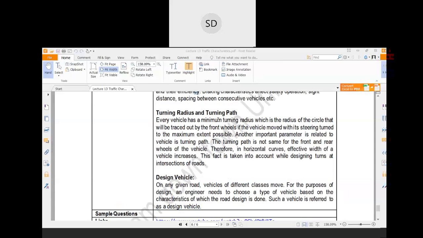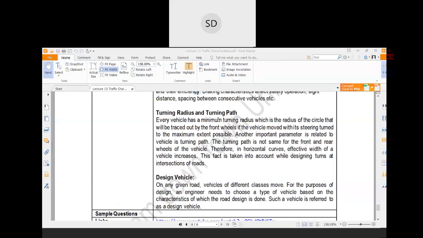Now coming to the next portion, design vehicles. In Indian conditions, different types of vehicles are moving on the road. Therefore, if you want to design the road section, it is not possible to analyze all the situations because there are different types of vehicles moving there.